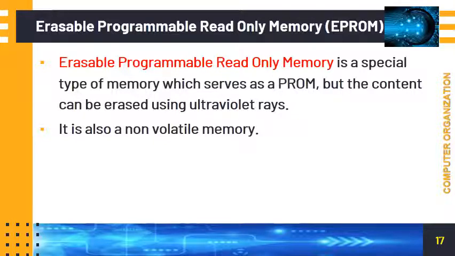So EPROM retains its contents until it is exposed to ultraviolet light. It is also a non-volatile memory. An EPROM differs from a PROM in that a PROM can be written only once and cannot be erased, but an EPROM can be erased using ultraviolet rays.